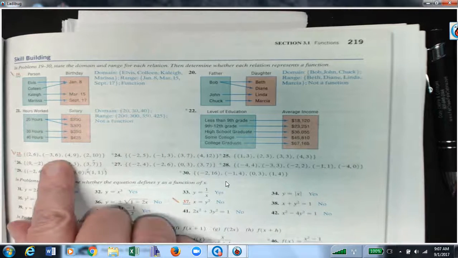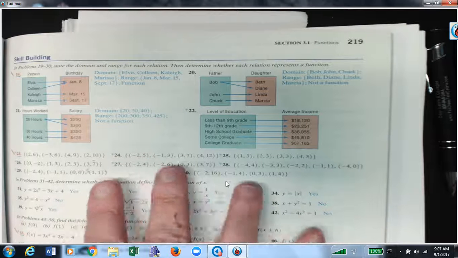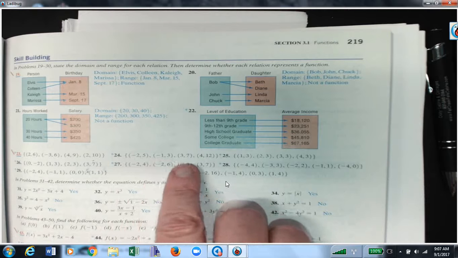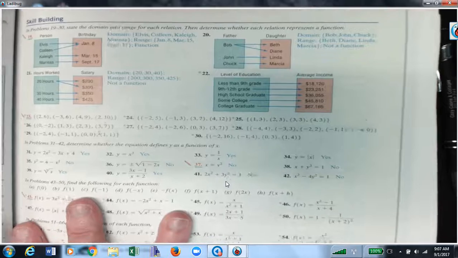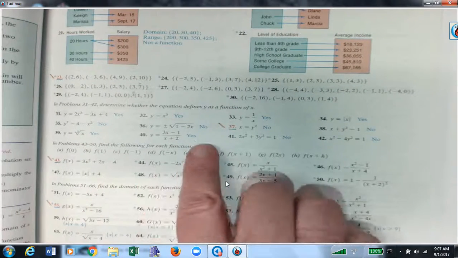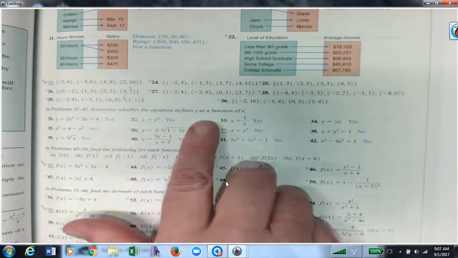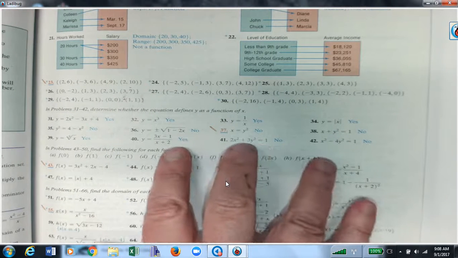And then we also looked at functions and relations given in this form, and the domain is going to be the set of all the first entries, and the range will be the set of all the second entries. Then we had a video from what we missed on Wednesday, determining whether an equation defines y as a function of x.